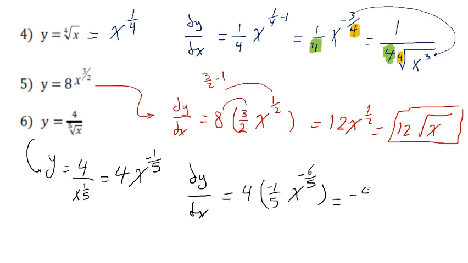So it's negative 4 over 5 x to the power negative 6 over 5. If you want to write it in simplest form, negative 4 in the numerator, 5 in the denominator, and the fifth root of x to the power of 6.